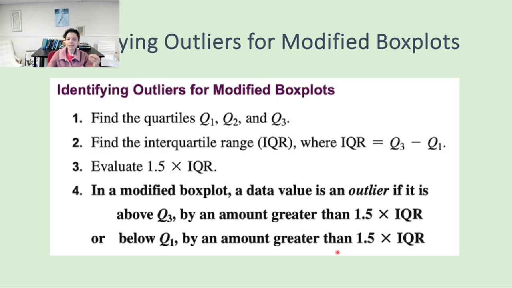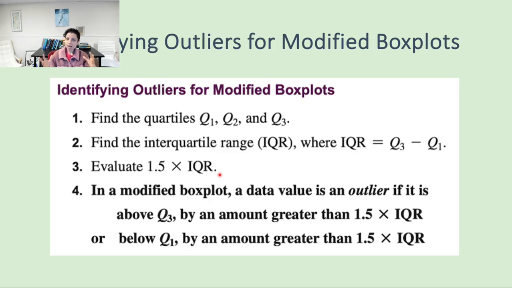So the way we identify outliers is first we have to find our quartiles: first quartile, second, and third. We then have to find our interquartile range, the distance between our third quartile and our first. Then once we get our interquartile range, we find 1.5 times the interquartile range.